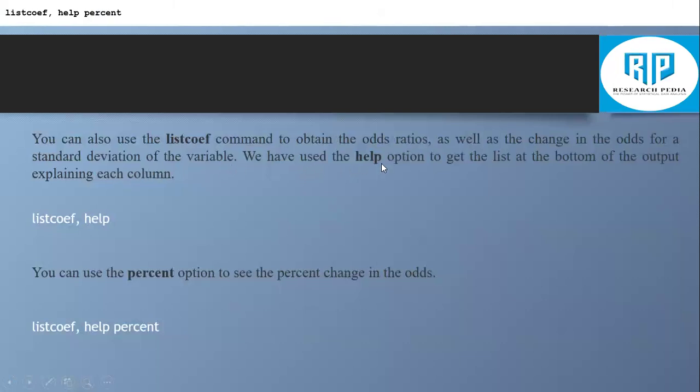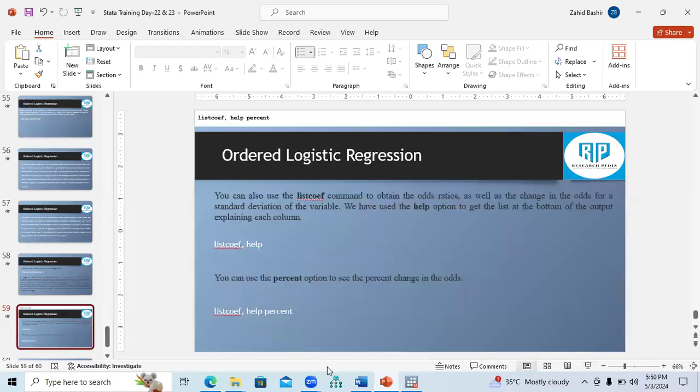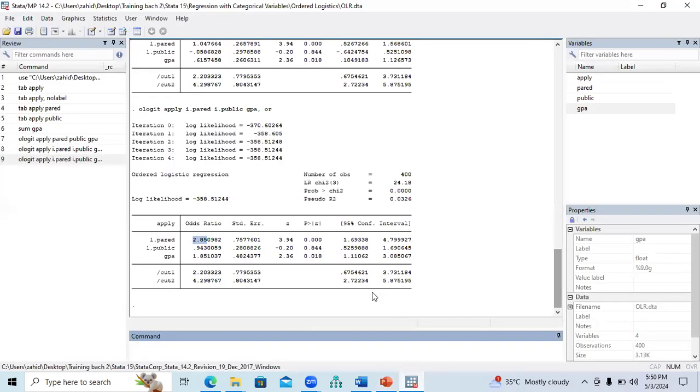We have used the help option to get the list at the bottom of the output explaining each variable. So listcoef, comma, help. We can copy it from here rather than typing the command, or we can type it: listcoef, comma, help.